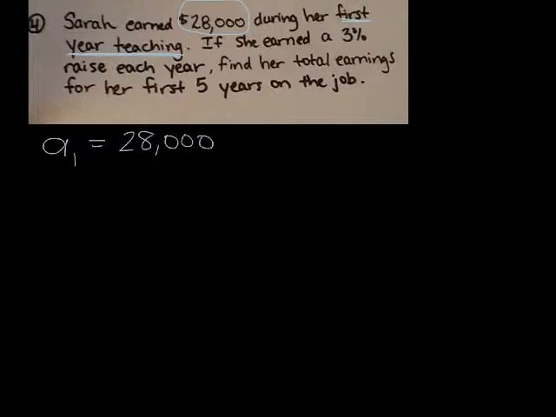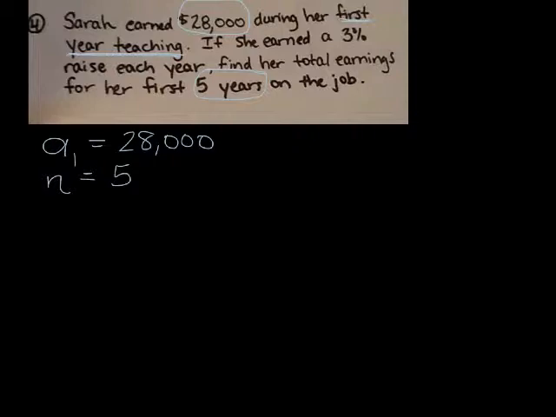Then it says she earns a 3% raise each year. Find her total earnings for her first 5 years on the job. First 5 years, that indicates to me that we're going to be adding up 5 numbers. So the number of terms that we're adding is 5.